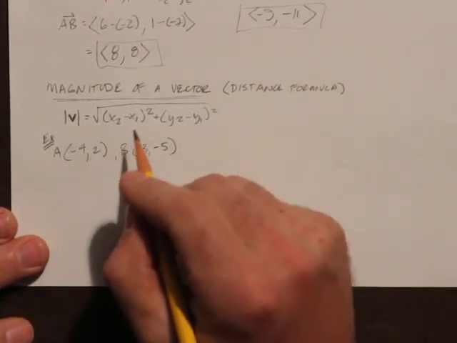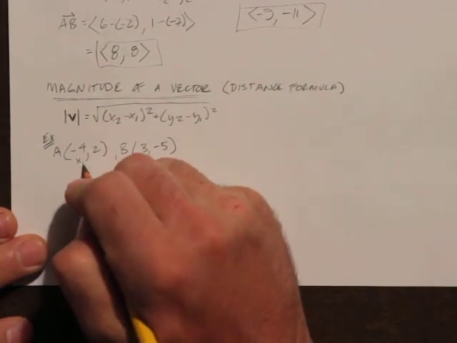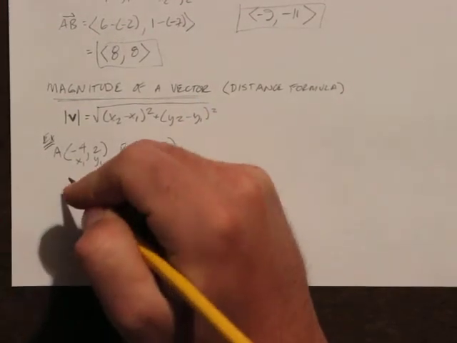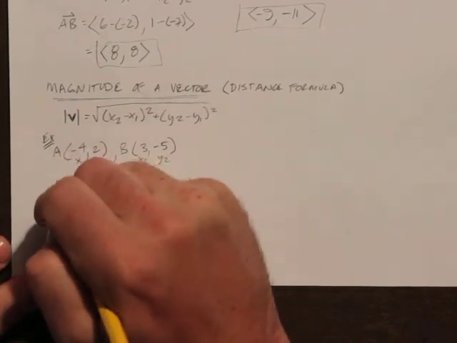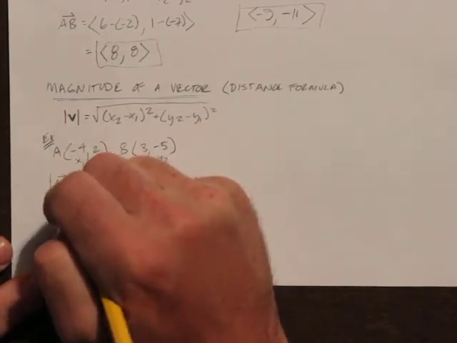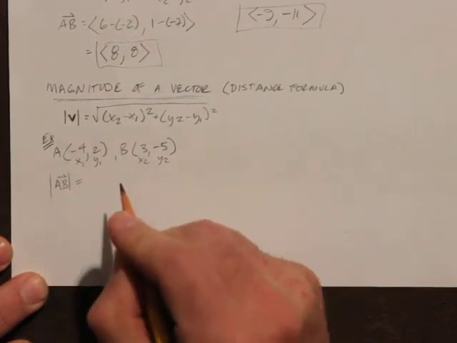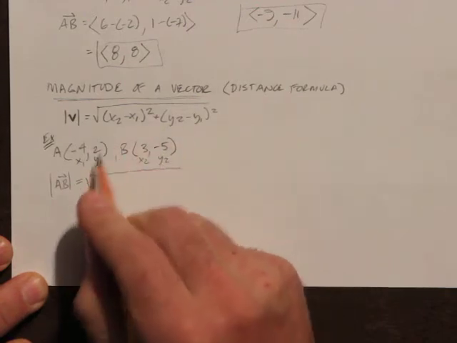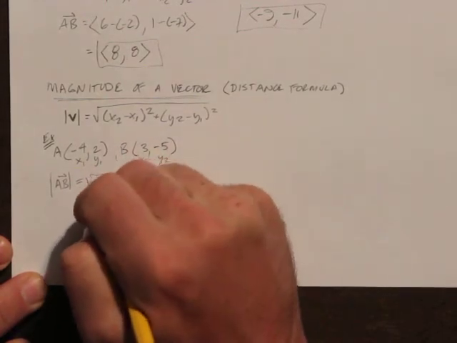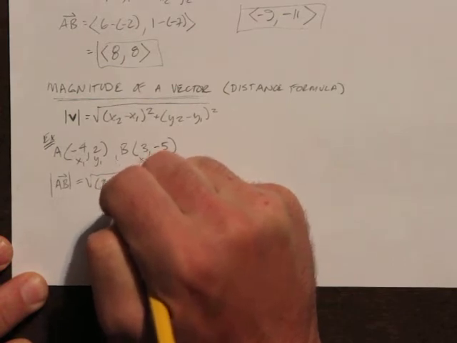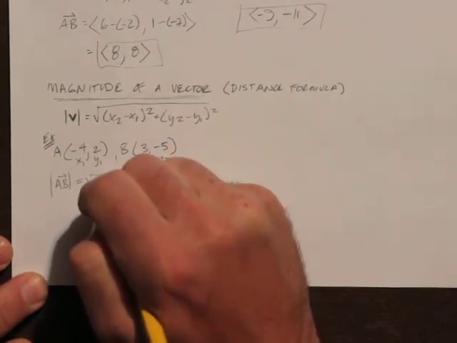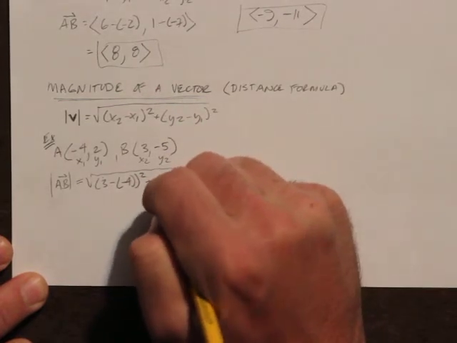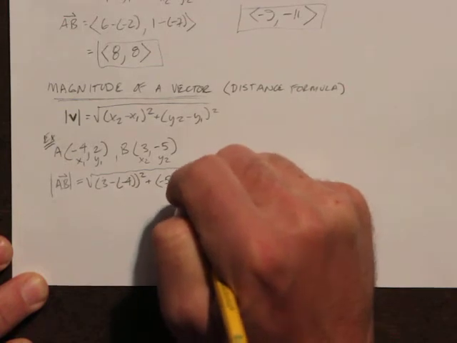I'm going to label first to help me keep track of stuff: x1, y1, x2, y2. So my absolute value of my vector is going to be the square root of x2, which is 3, minus -4 squared, plus y2, which is -5, minus 2 squared.